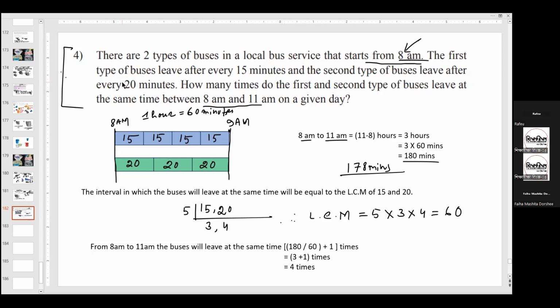So there is a linguistic problem, I think, actually.